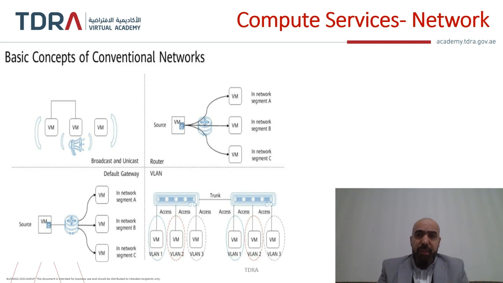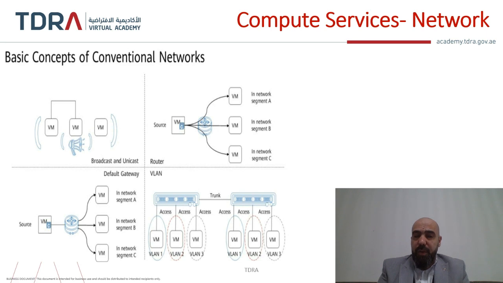Does this also apply in cloud computing? Of course, yes, but with a different concept, though it is the same. Even for frames to go here and there, like broadcast and unicast communications, the router is my gateway to the internet and many other things.